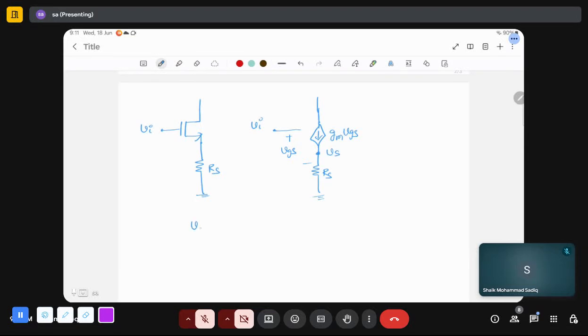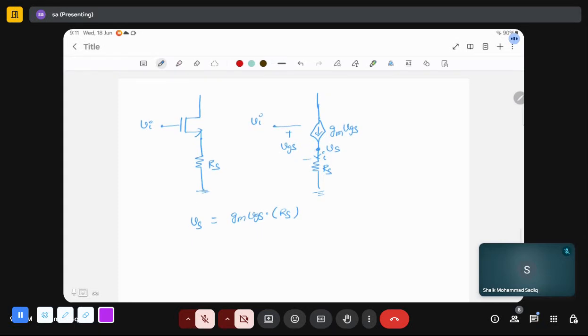Here the current flowing is GM VGS, and this node potential Vs is GM VGS into Rs.